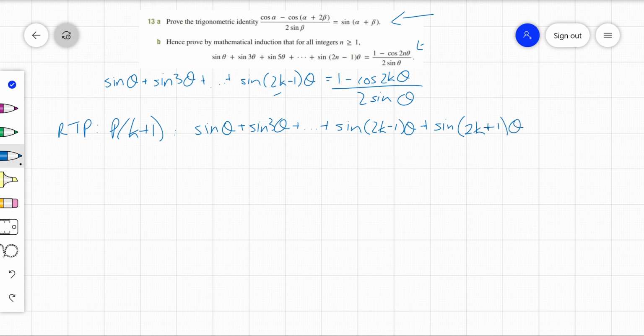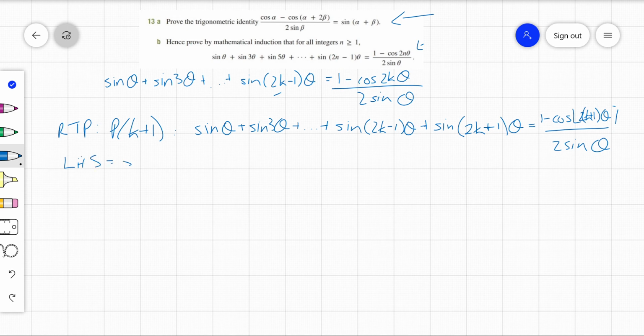All right, and we have to show that that is going to equal 1 minus cos, now we've got 2k plus 1 thetas, on 2 sine theta. So 2 lots of k plus 1, so 2 times (k plus 1) times theta. All right, so let's look at the left-hand side.